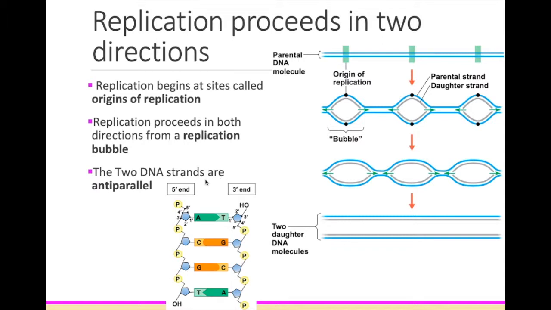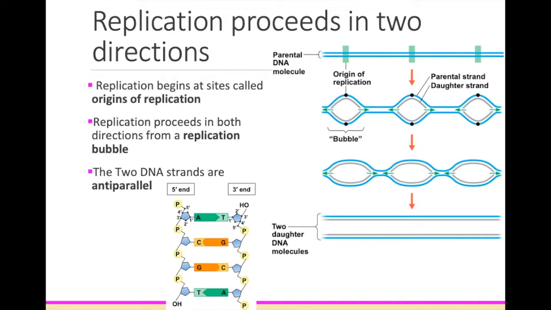The two DNA strands are in a shape called anti-parallel. When we talk about the ends of DNA, we talk about 5' and 3'. Notice that the 5' end is the end with the phosphate on it. We name it this just because it's on the number 5 carbon. It doesn't really mean anything. Notice over here, though, that the 5' end is also the one with the phosphate on it.